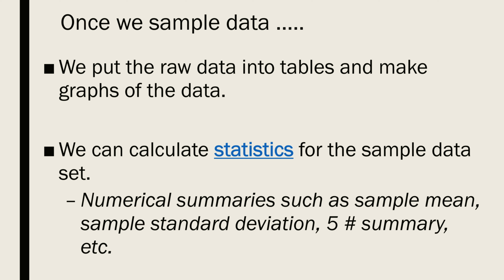Once we sample data, we could put the raw data into tables and make graphics of the data. We can calculate the statistics for the sample data set. We could have numerical summaries such as sample mean, sample standard deviation, and a five number summary.